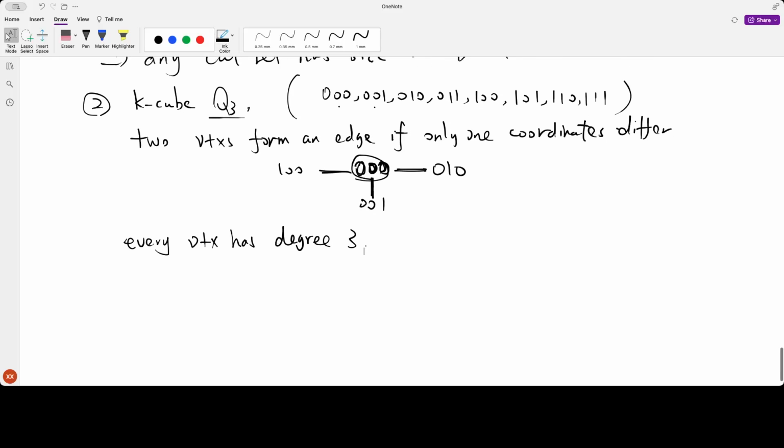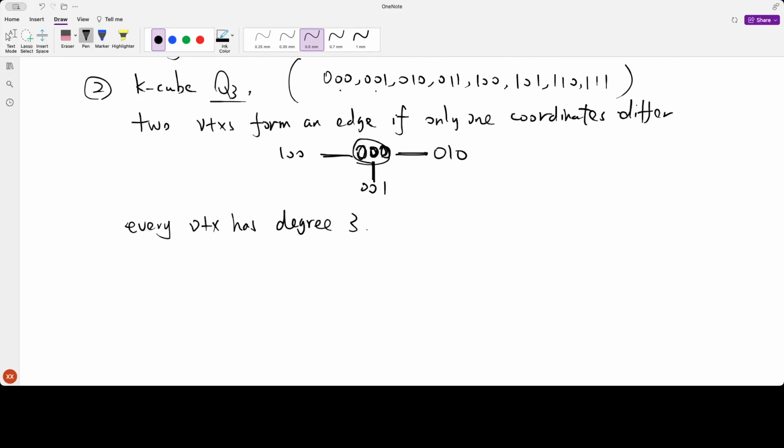Okay, so let's look at the k cube. This is the 3 cube. So let's look at the k cube, Qk, and the claim is that the connectivity of Qk equals k. Kappa of Qk equals k.